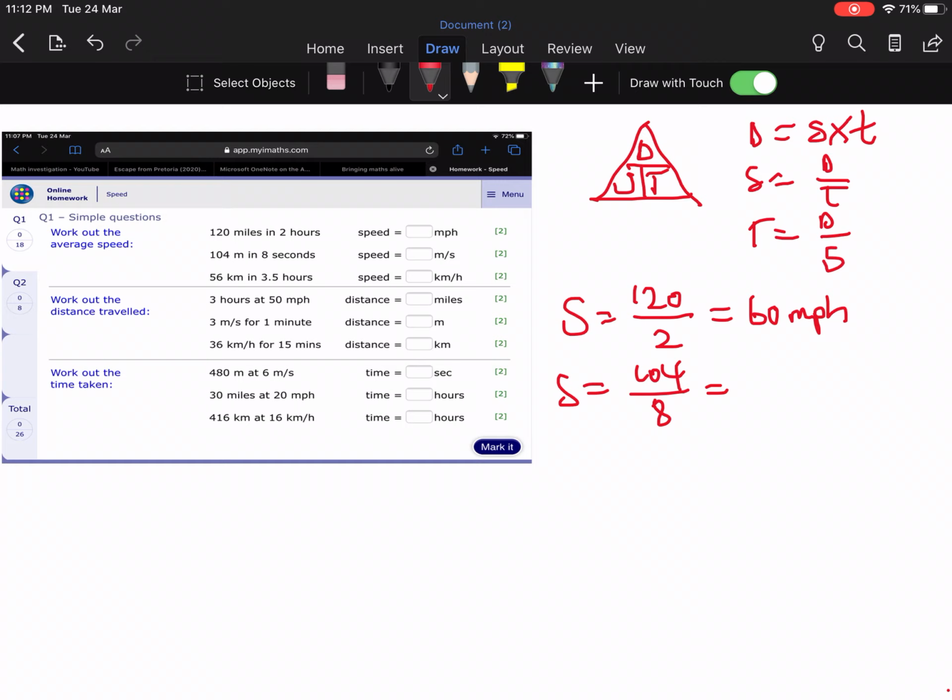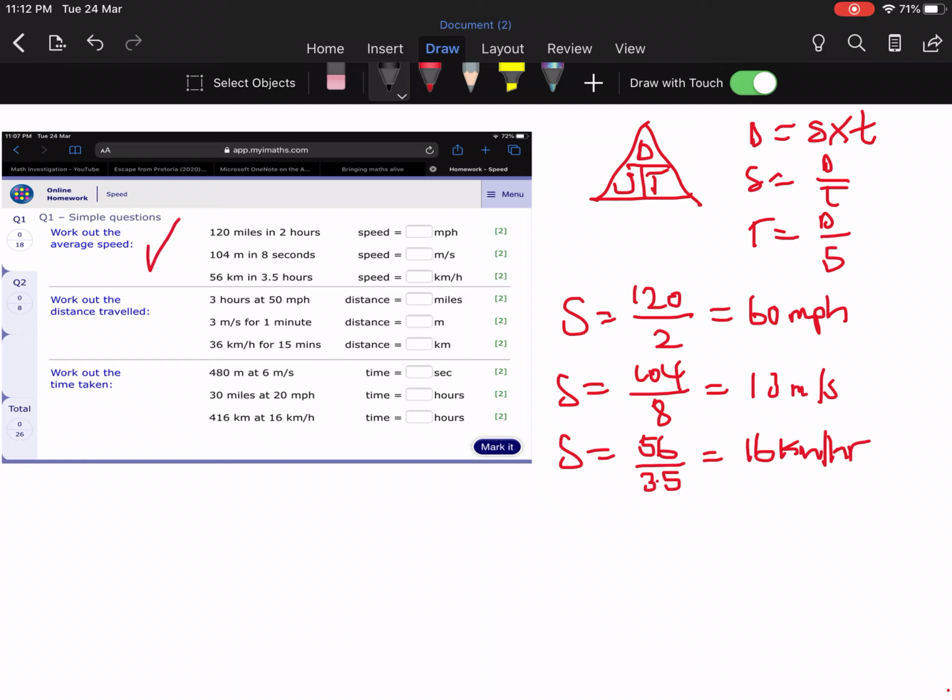So I'll go in once, carry 213 meters per second, and then the third one is kilometers per hour, 56 divided by 3.5, which is 16. So that's that one done.